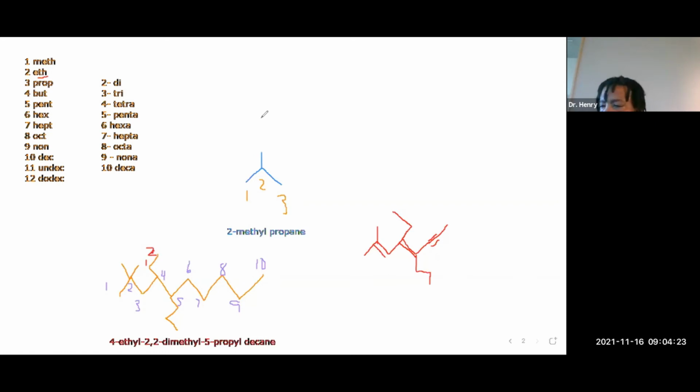Okay, so we're going to start counting. The first thing that we want to do is find the longest carbon chain.